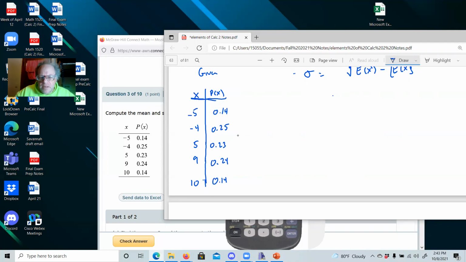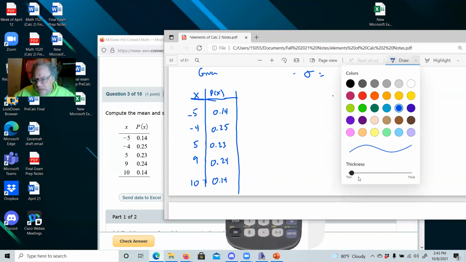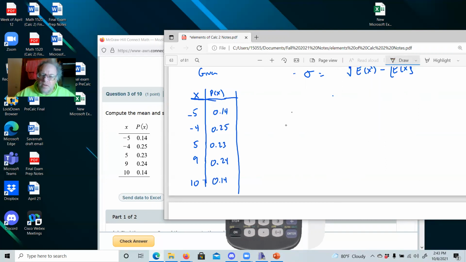So the next column we're going to have here is x times P of x. There isn't a rule that you must do the columns in this order. If you want to do x squared right now, you go right ahead and do it. What we're going to do is take these first two columns and multiply them together.